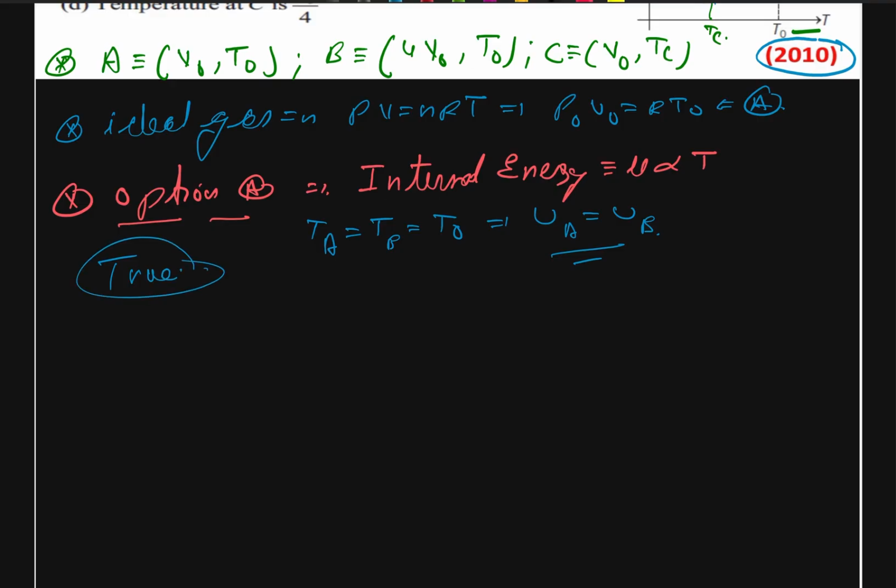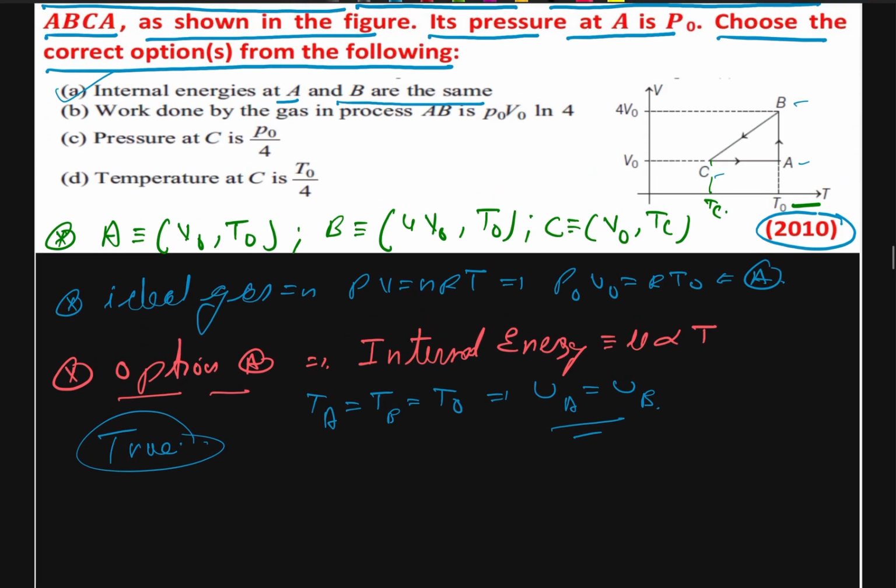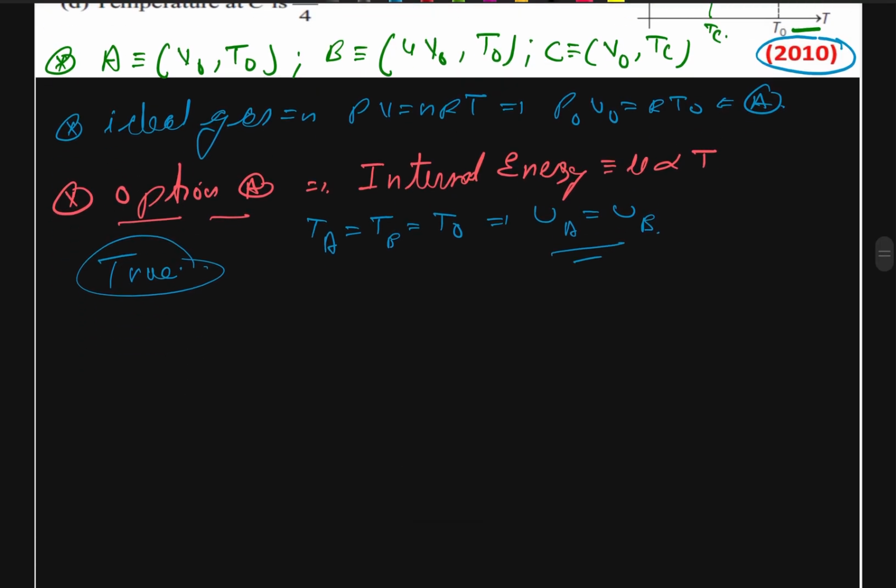Option B: work done by the gas in the process AB is P naught V naught natural log of 4. Process AB is isothermal.